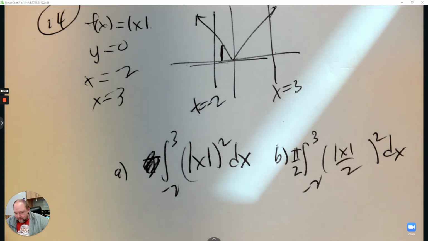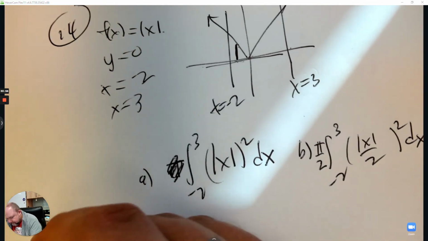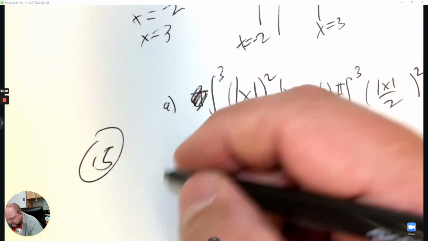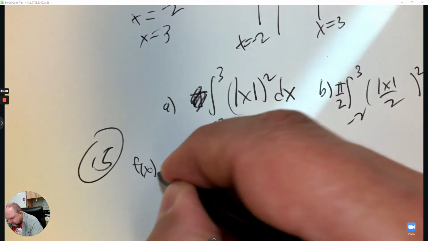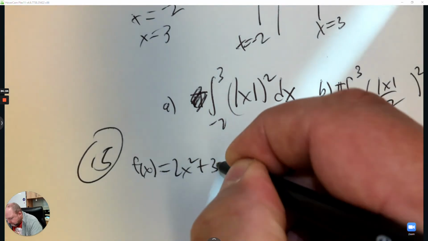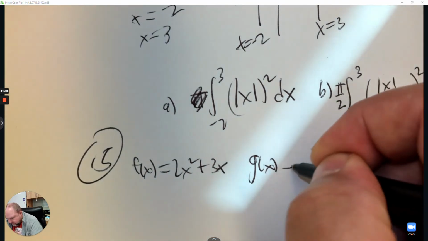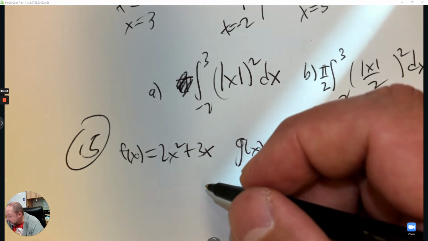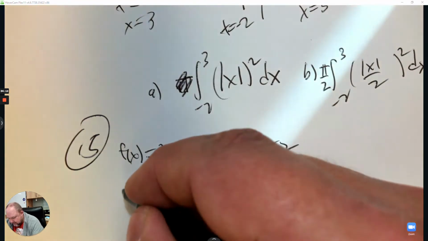All right, number 15. Find the areas bounded here.